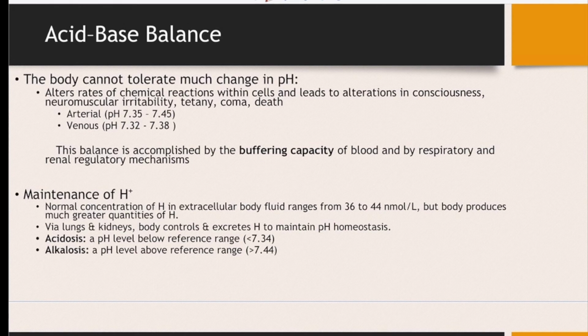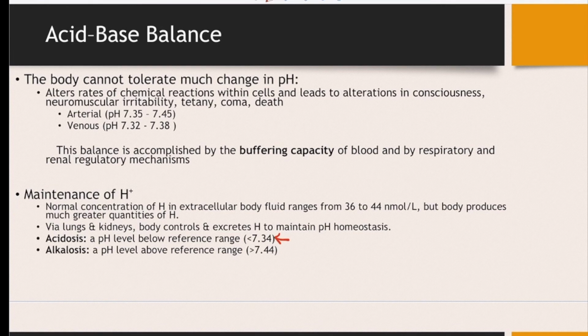That includes some respiratory mechanisms as well as renal regulatory mechanisms. Okay, so this just goes over what acidosis is. Again, if something is acidic, that means that the pH is going to be lower. If something is basic or alkalotic, that means that the pH is going to be higher, and that's what we see here.